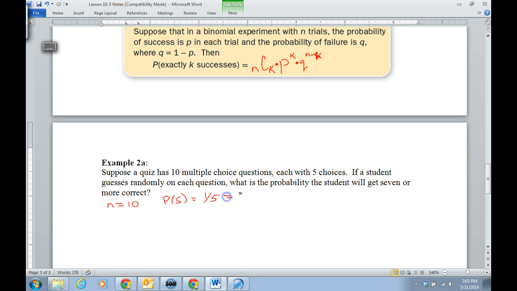So this would be 0.2 in decimal form. The probability of a failure would be what? 4/5 or 1 minus 0.2, which would equal 0.8. Okay? So we want to know what is the probability that a student will get 7 or more.